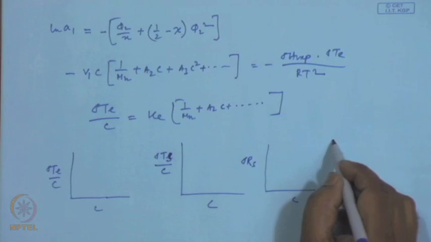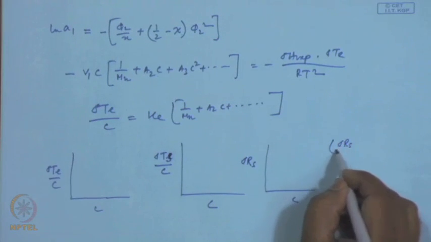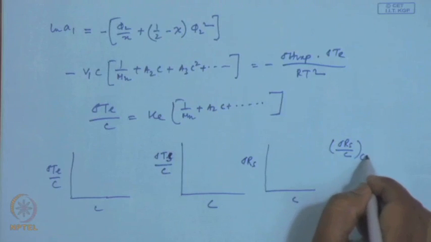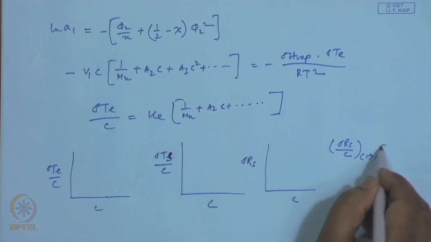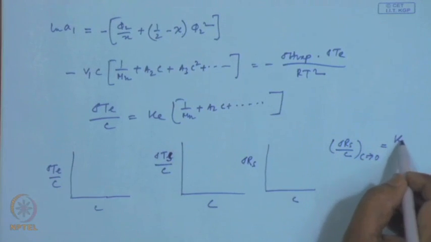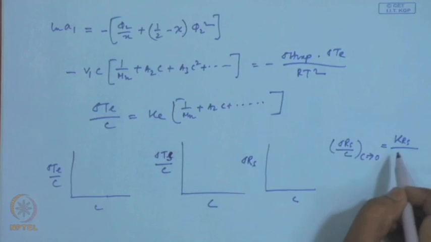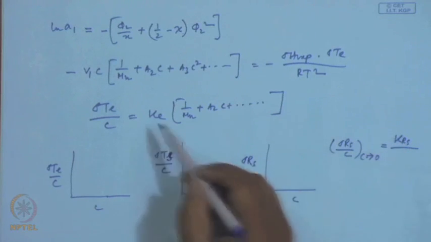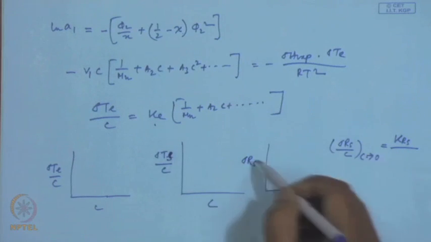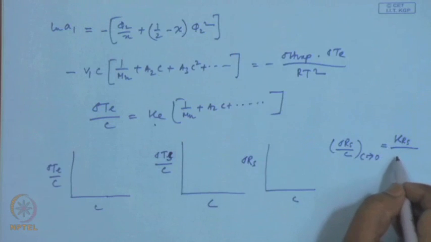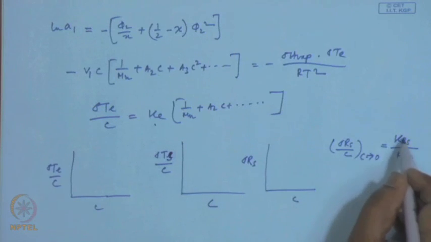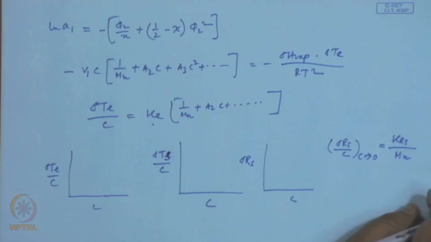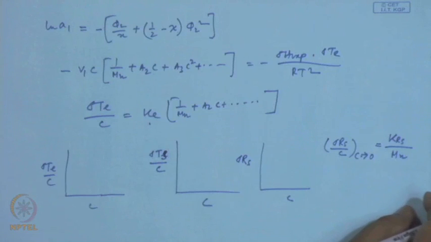So, finally, delta R S by C at C equal to 0 will give you K R S, which is this K for the resistance case by Mn. So, we know this, and we can get the molecular weight Mn for the unknown sample.